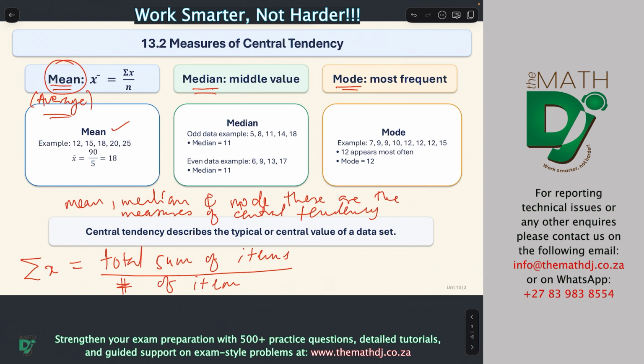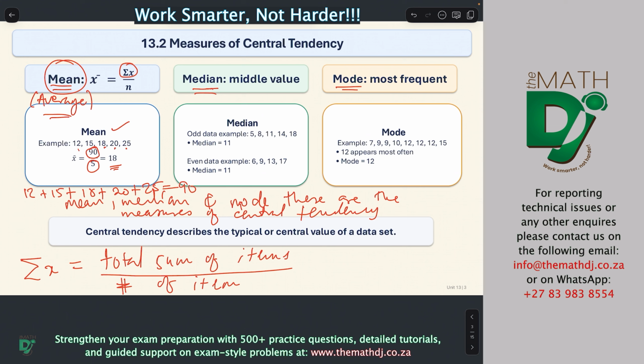In other words, summation of x just means the total sum of items, over the number of items. Taking this example, we have the items 1, 2, 3, 4, 5. So 5 numbers. That's why we say 5. Then the sum of items: 12 plus 15 plus 18 plus 20 plus 25 is equal to 90. That is the summation of x. When you divide, the mean will be 18, right? So it's just the average value.